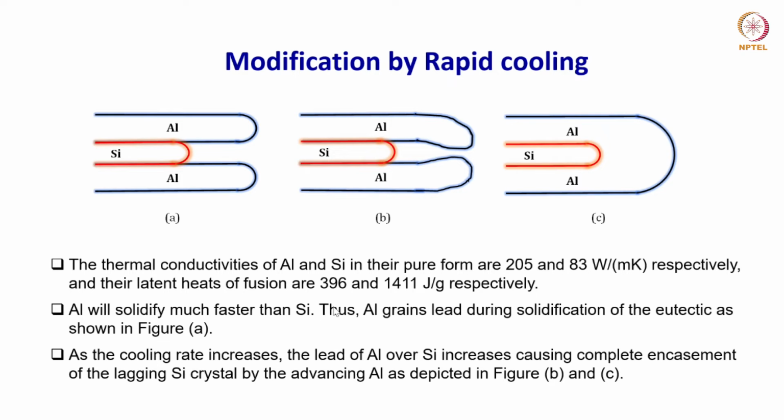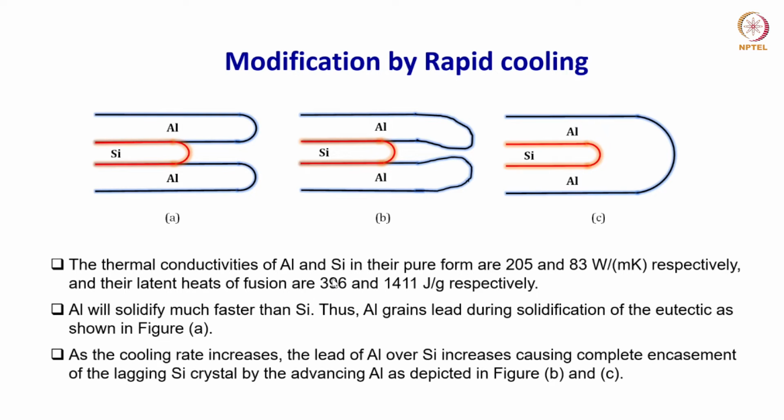Because as you could see, the thermal conductivity of aluminium is much higher, so it will lose heat much faster compared to silicon, and therefore it would tend to grow faster compared to silicon while it is being solidified. Okay, and that can be said from the latent heat of fusion also, as to why aluminium will solidify faster compared to silicon, because here the latent heat of fusion is also much lower.